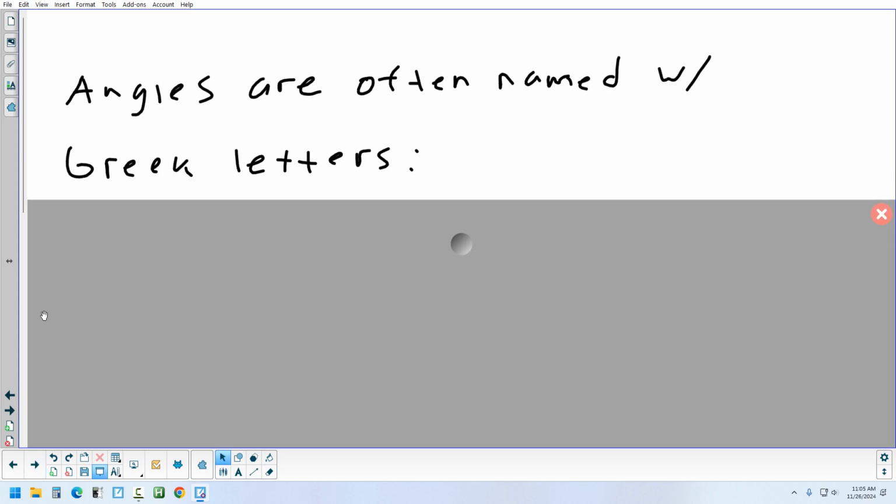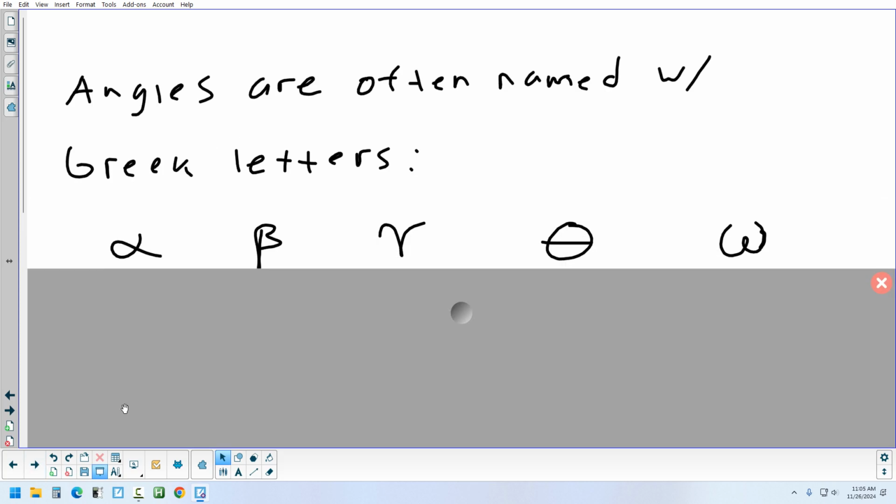When we don't know an angle in trig, we will often use a Greek letter to represent it. Some textbooks will use lowercase letters for sides and capital letters for angles. I think that can get a little confusing for a couple reasons. First of all, sometimes a capital letter and a lowercase letter look the same.